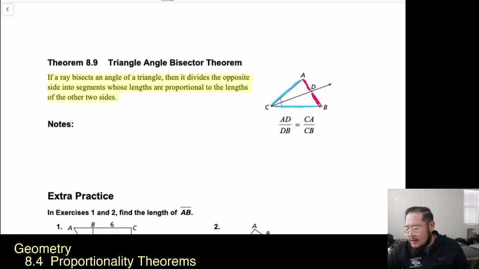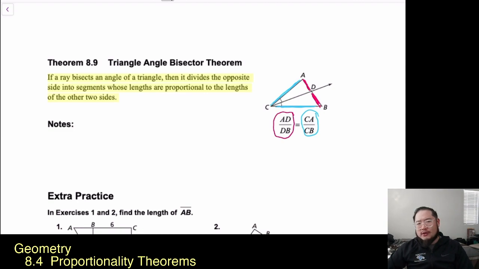So if you take a look, AD and DB right here, I'll circle in red because those are the two parts of the side. And then CA and CB right here, I'll circle in blue. So you can see what the sides are and how they're set up in our proportion: AD over DB and then CA over CB.